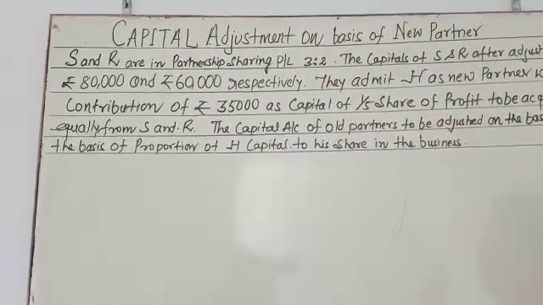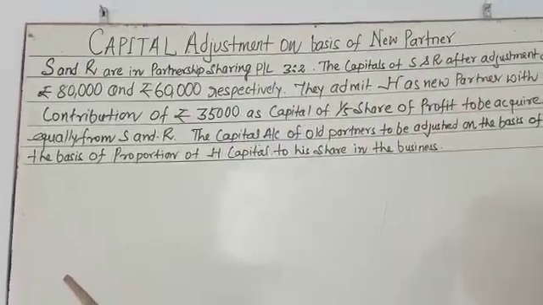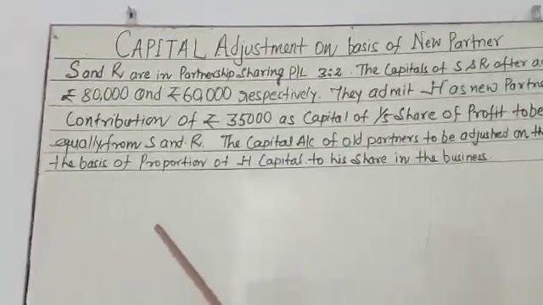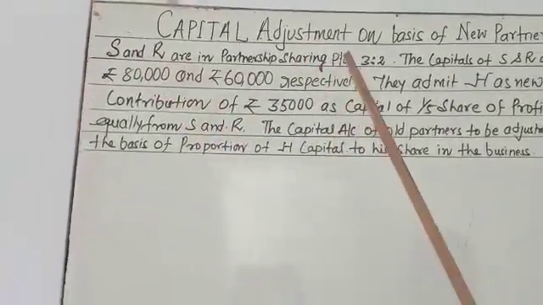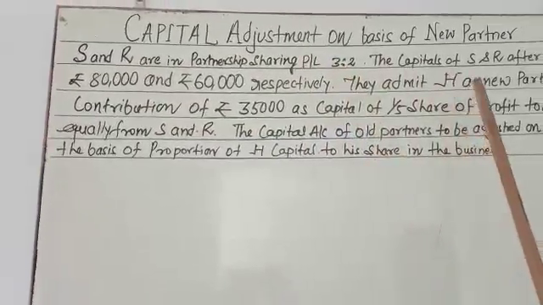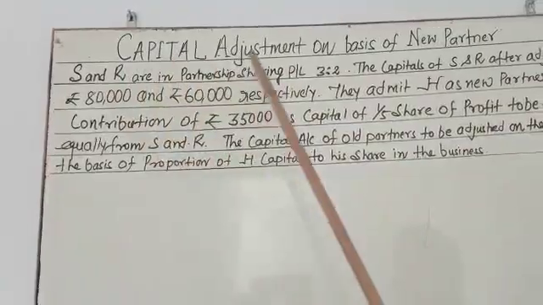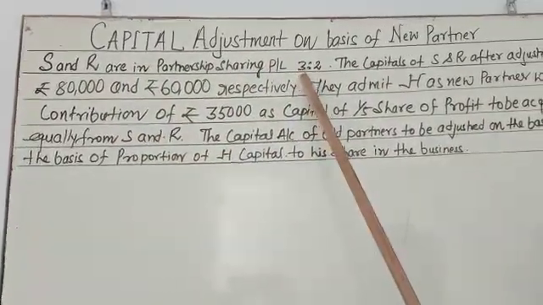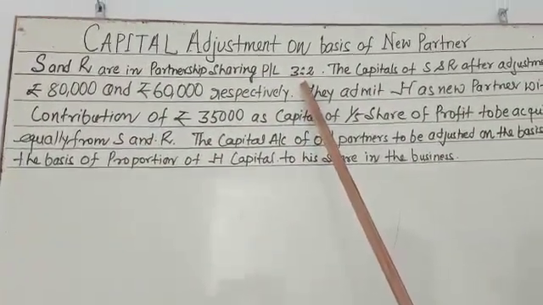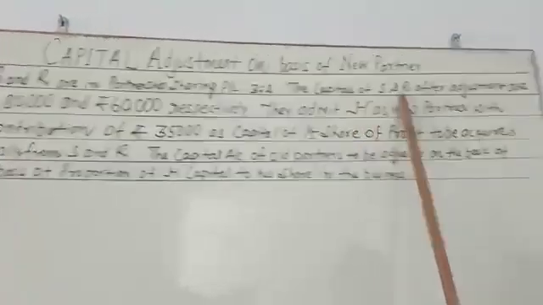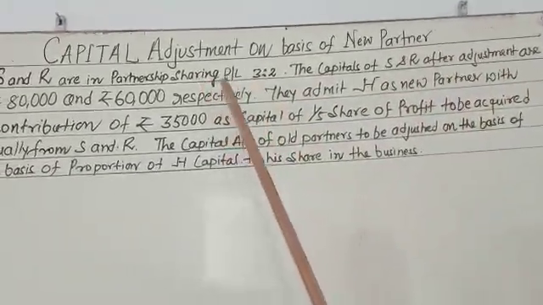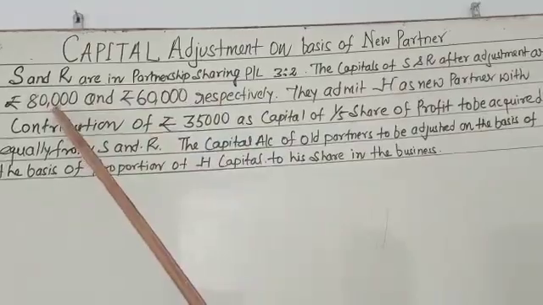Okay, so I take an example. S and R are two partners, they admit H as a new partner. The profit sharing ratio of S and R is 3:2. The capital of S and R adjusted, that is called adjusted capital.